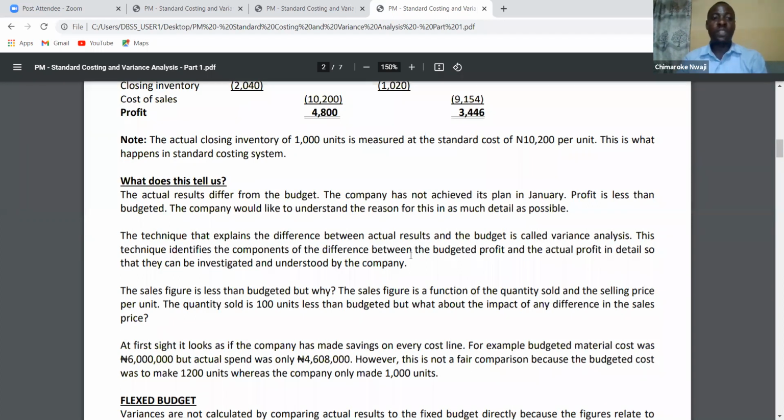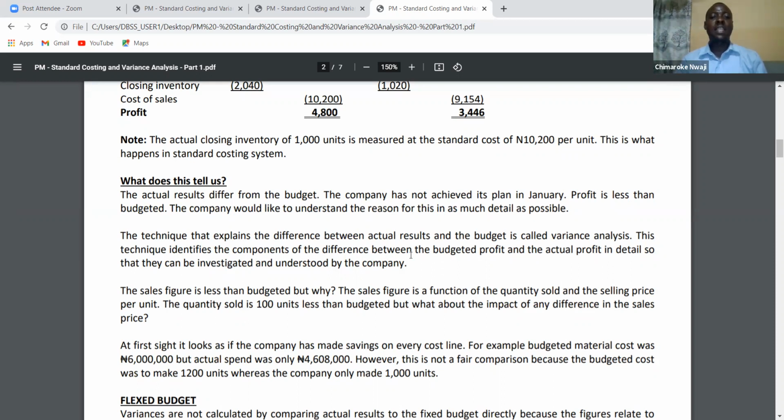And so the actual profit is less than what we budgeted. And so the company would like to understand the reason for these differences in profit. Why did we not achieve our targets? What could have caused those differences?